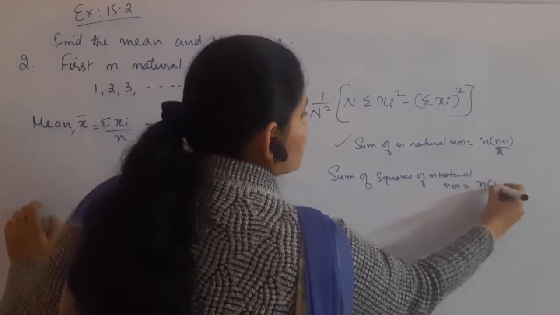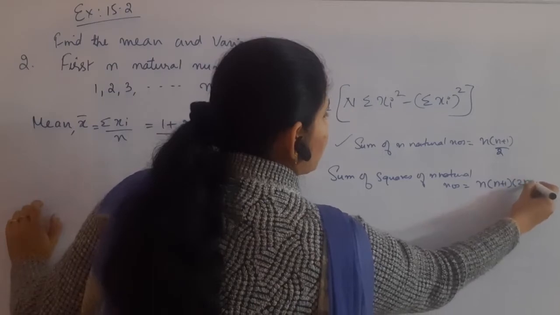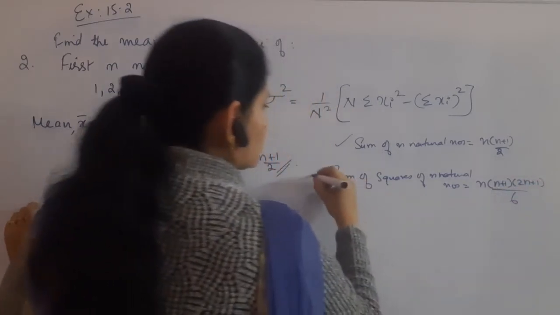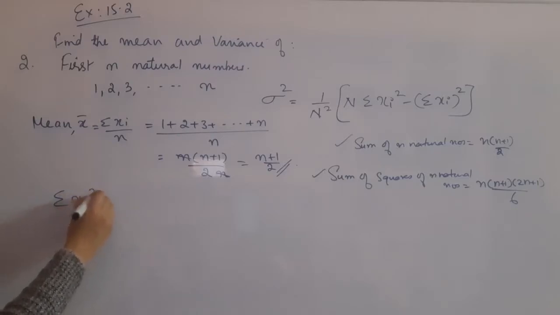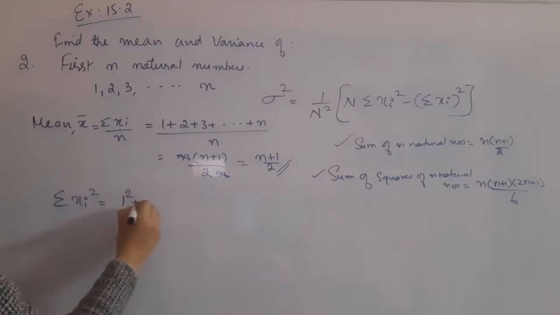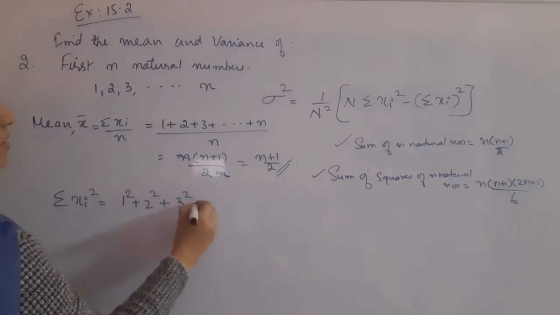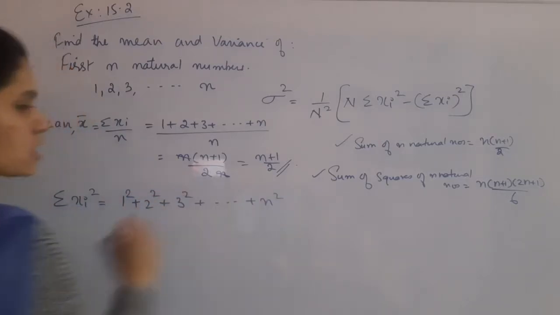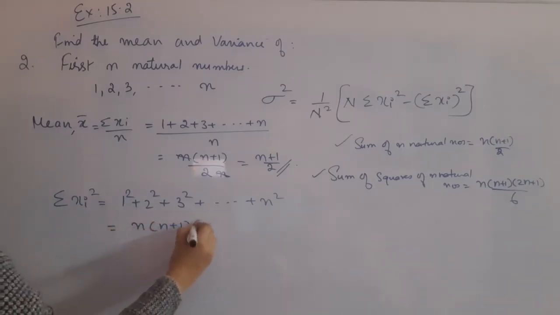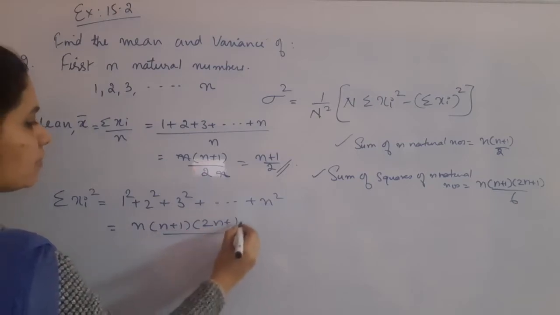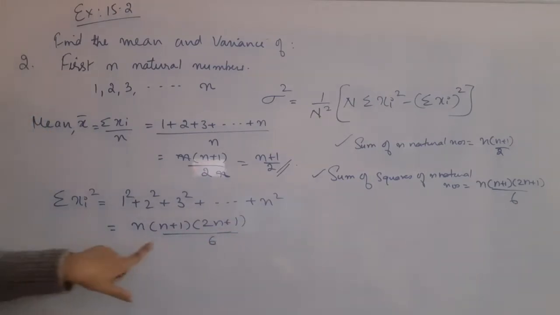It's equal to n into n plus 1 into 2n plus 1 by 6, right? Sigma xi square is 1 square plus 2 square plus 3 square plus etc. plus n square, which is nothing but n into n plus 1 into 2n plus 1 by 6.